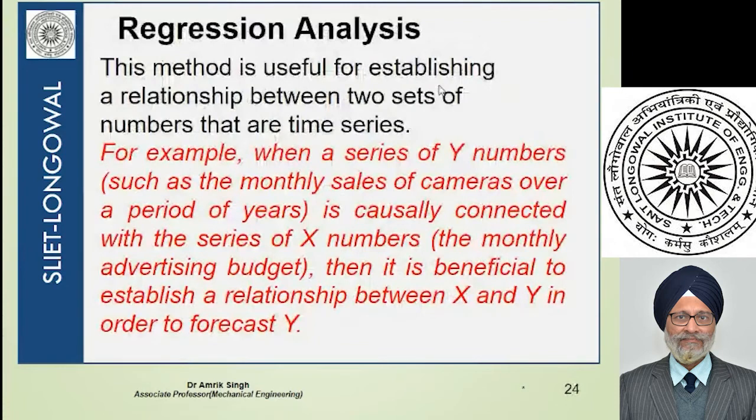Now in regression analysis, how do we see whether there is a correlation or whether a regression model can be made or not? This method is useful for establishing the relationship between two sets of numbers that are in time series. You remember I used to discuss seasonal trend.